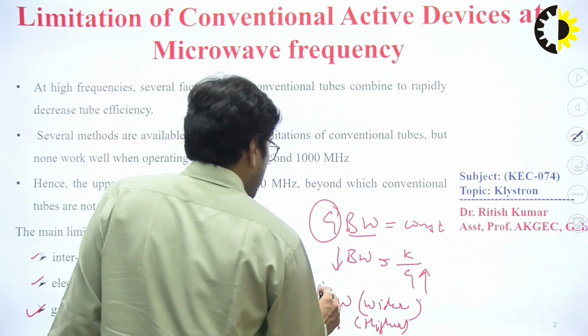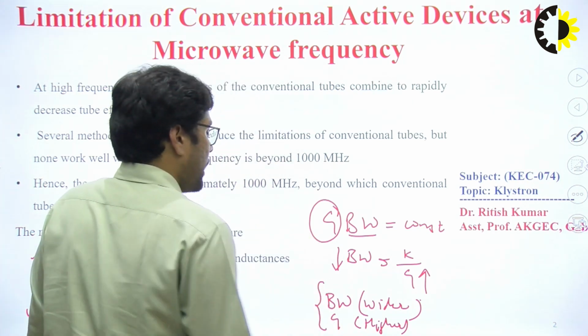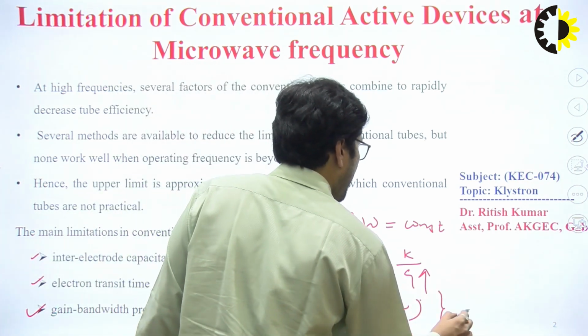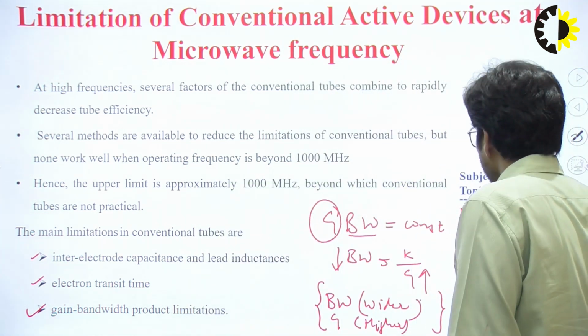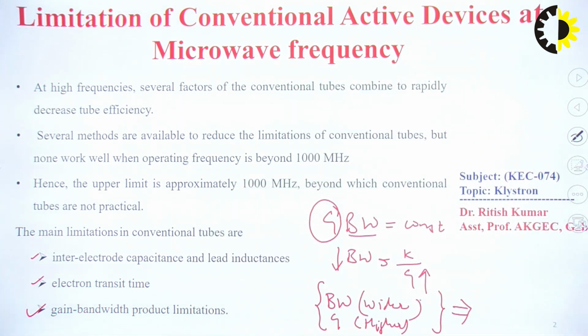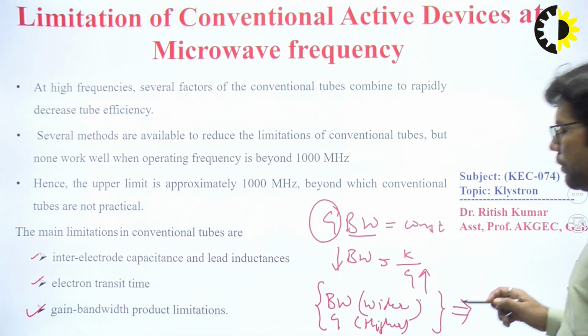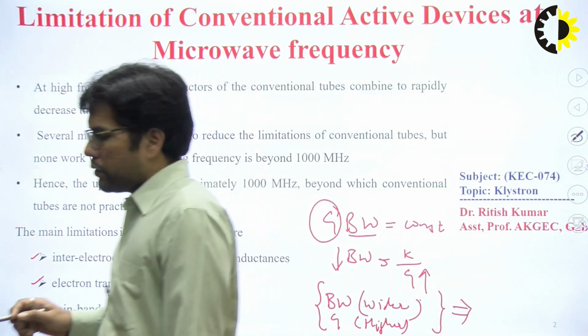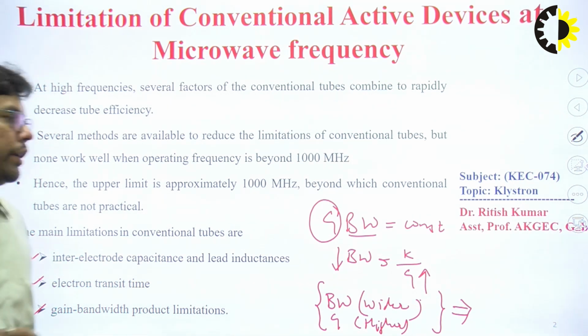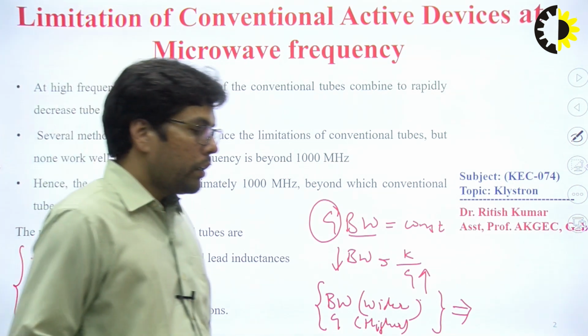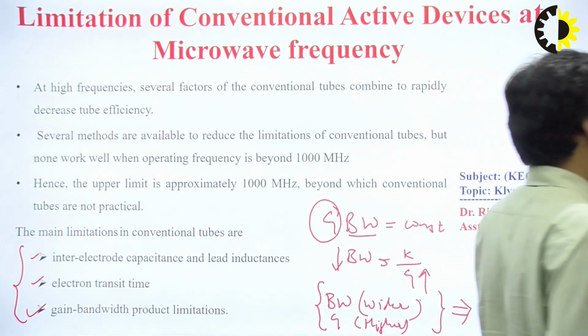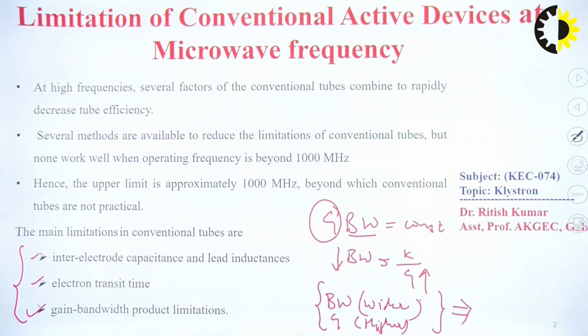So these two conditions we can have by using such kind of microwave tube such as TWT, that is known as traveling wave tube. So to overcome these limitations, we have some kind of cavities that is known as retrained cavities.